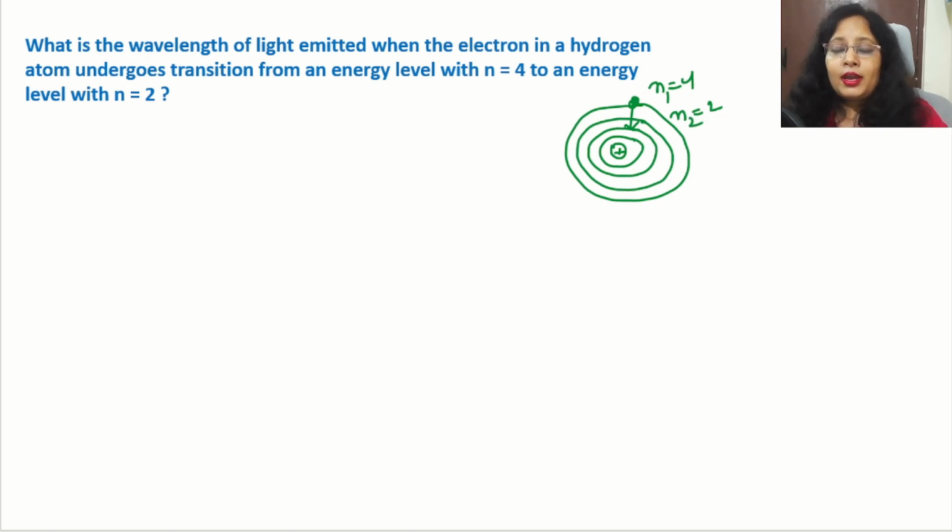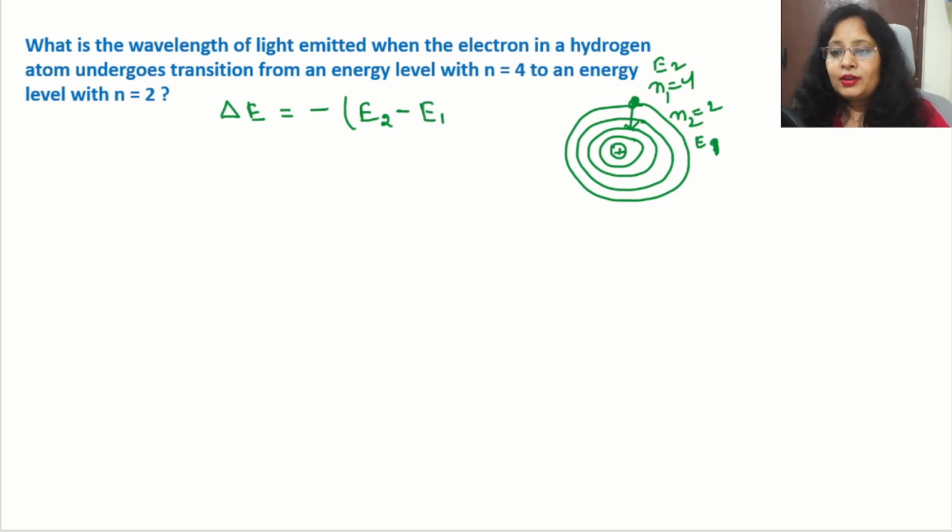Now energy of the electron when it is in the n is equal to 4, we can say E2, and energy of the electron when it comes to energy level 2, it is E1. So from here we can calculate del E, means the difference in the energy level, that is E1 minus E2.